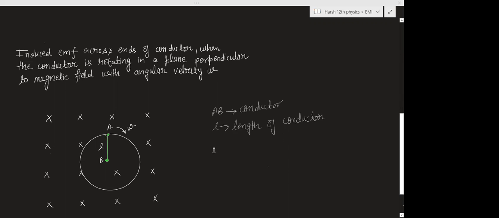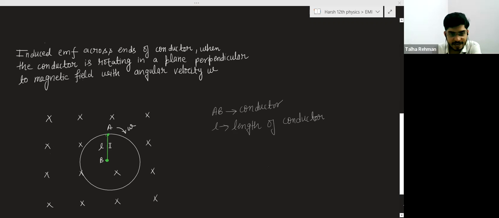We have to find the induced EMF across the ends of this conductor AB when the conductor is rotating in a plane perpendicular to the magnetic field with an angular velocity omega.